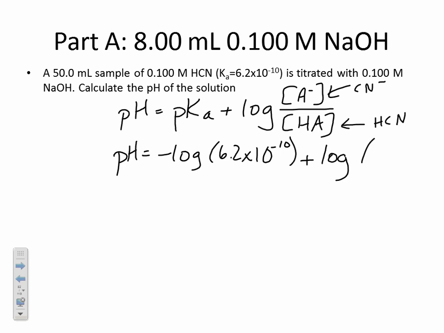So it's the log of 0.01379 molar divided by 0.0724 molar. And then all it is just plugging in and solving, because at this point this is not an equilibrium problem, but we can use Henderson-Hasselbalch.